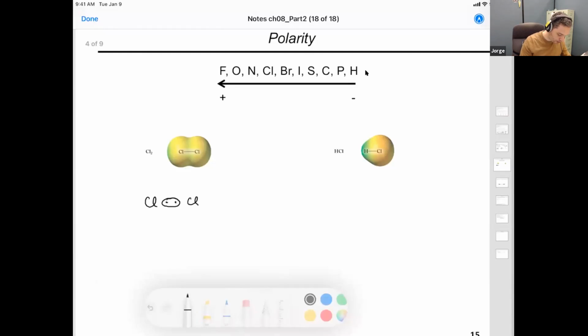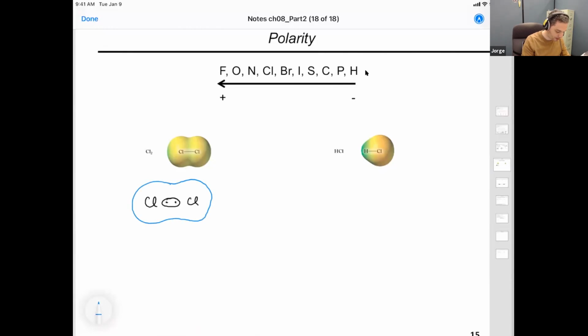And if we could take a picture of the electron density of this compound, we would see something like this. Okay, so a very perfect distribution of the electron cloud. So there is no polarization of the electrons in the structure, and the pair of electrons is being equally shared because chlorine has the same electronegativity as chlorine.